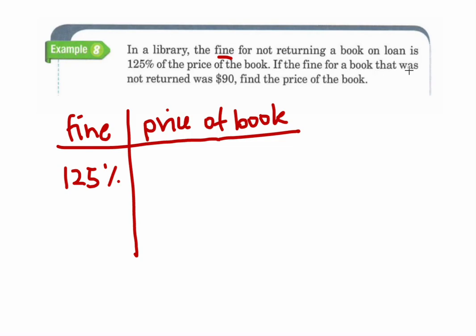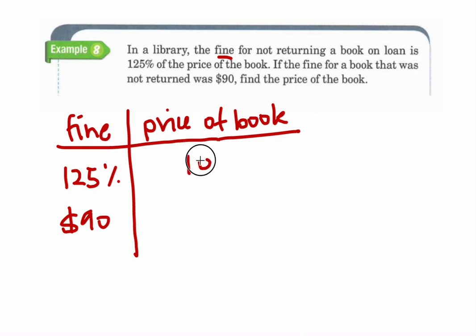If the fine for a book that was not returned was $90, whoops, wrong place. $90 was the fine, not the price of the book. Okay, 125% is the fine. And then $90 is also the fine. Find the price of the book.